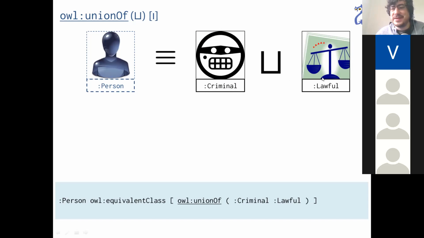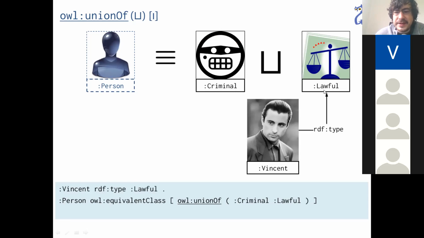They can't really be criminals and they can't really be lawful, which I'm not sure is the case. But anyways, a person is equivalent to the union of criminal and lawful. So we have defined it again in both directions, that these are somehow equivalent classes. So here's our definition here.